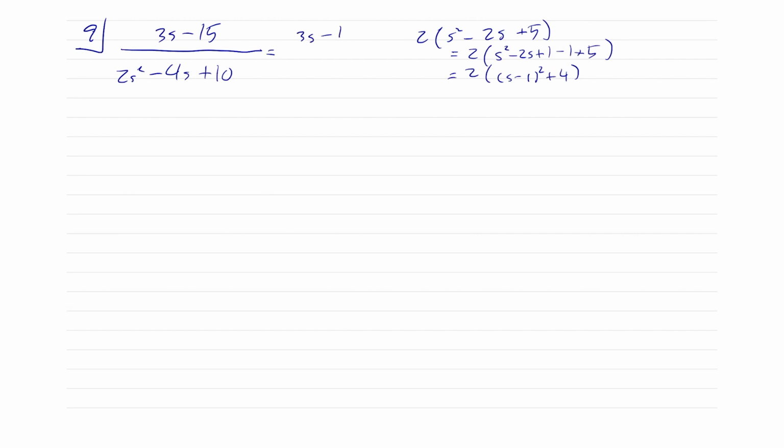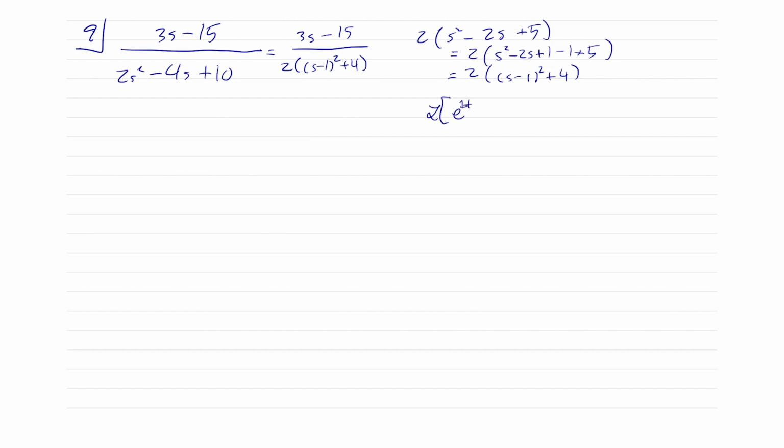So 3s minus 15 divided by 2 times (s minus 1) squared plus 4. Okay, so now let's go ahead and see what we got. All right, so again, we have this form where we have an irreducible on the bottom, and that means that we have a Laplace transform, and it's shifted, so it's going to be a Laplace transform of, say, e to the t.